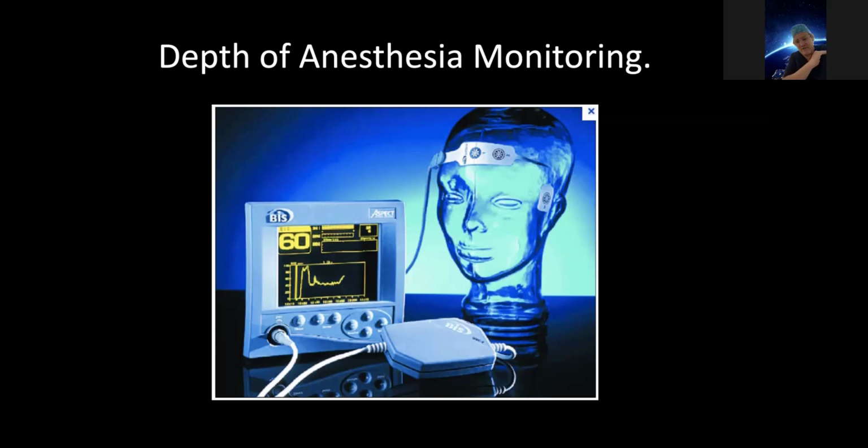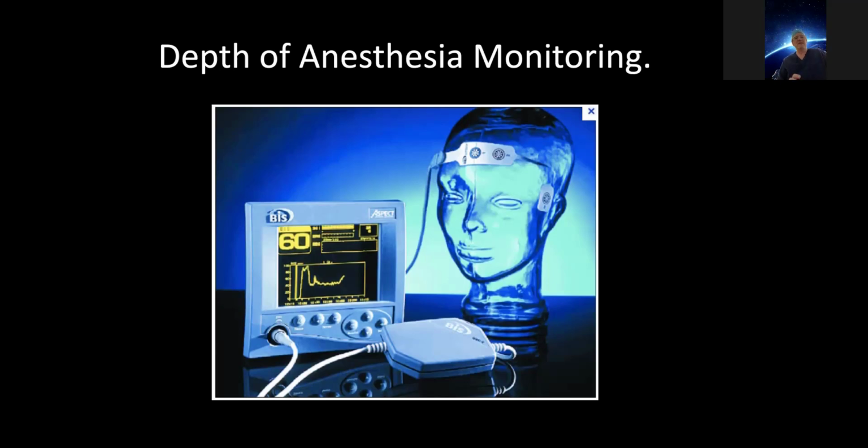It just means that you have an isoelectric activity. And then you have a patient who is awake, and then we're talking about values around 95, 96, 97. And the target, for example, for an anesthesia is anything between 40 and 60. So this is basically a monitoring tool which I use every day.